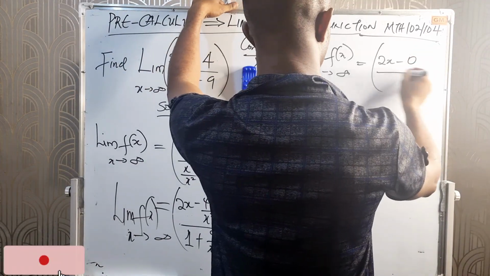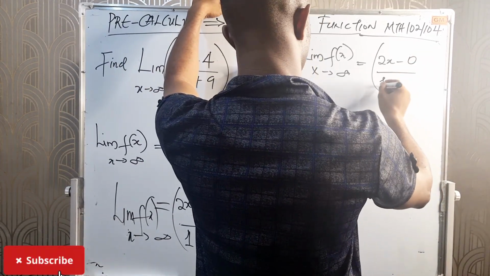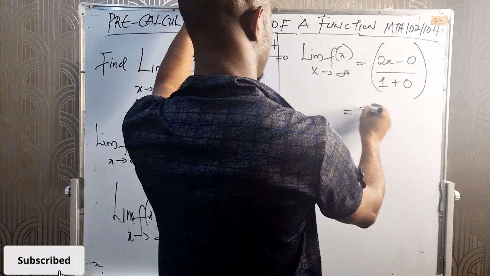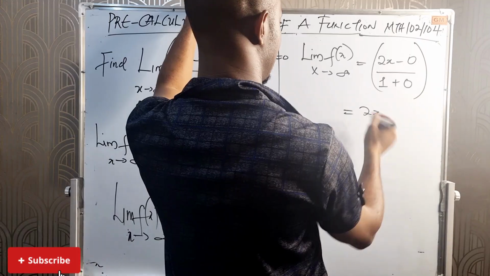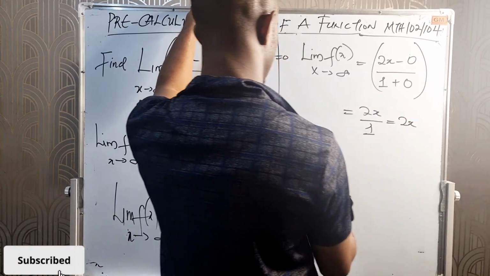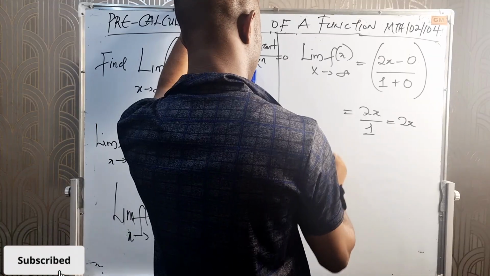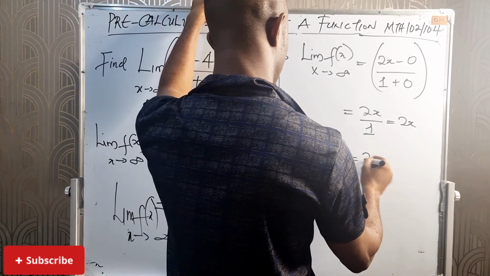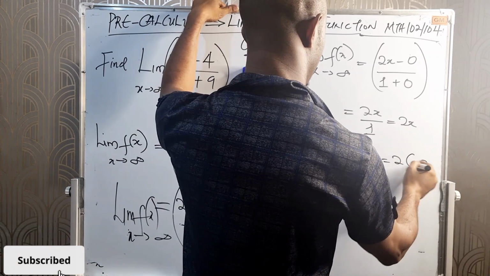This is 1 plus 0, so this will give us 2x minus 0, which is 2x over 1, equal to 2x. So our limit of f of x as x approaches infinity is 2x, which is 2 times infinity, equal to infinity.